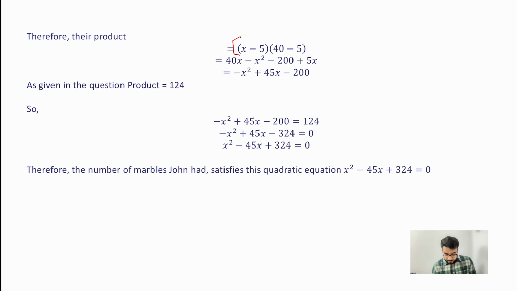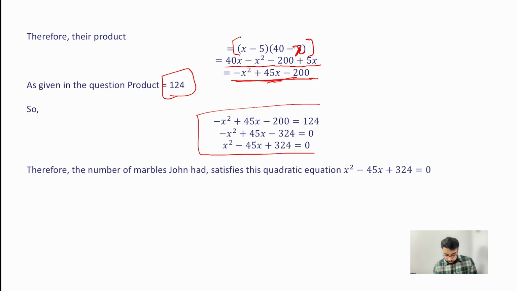So x minus 5 multiplied by 40 minus x would give us 40x minus x square minus 200 plus 5x, which leaves us minus x square plus 45x minus 200. Now this is given as 124, the product, so we equate it to 124, and the final quadratic equation that we get is x square minus 45x plus 324 is equal to 0.